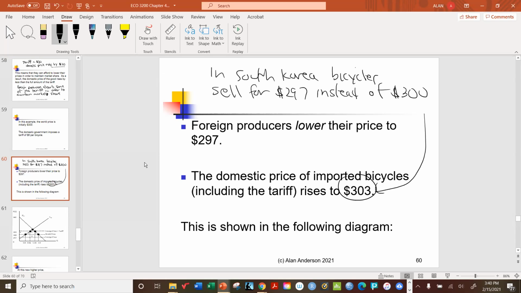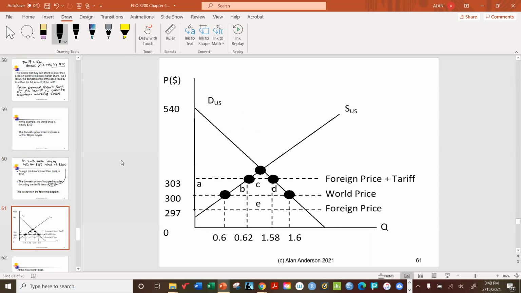So let's see what the impact is on consumer and producer surplus. Look at this. Now it's getting really messy because we've got a world price, the lower Korean price in their own market, and a tariff which raises the price in the United States. It's really getting complicated here. Now we have to make heads or tails out of all these areas.